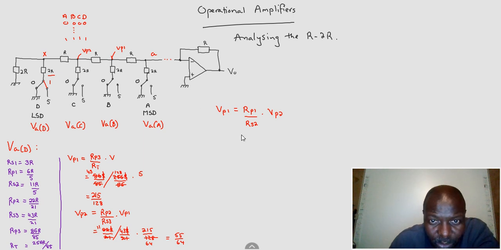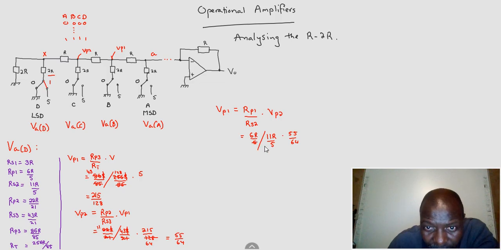So what is it going to be? R parallel 1 is 6R over 5. And then R parallel 1 plus R series 2 is 11R over 5. Divide by 11R over 5, times the voltage that we just calculated, which is 55 over 64.